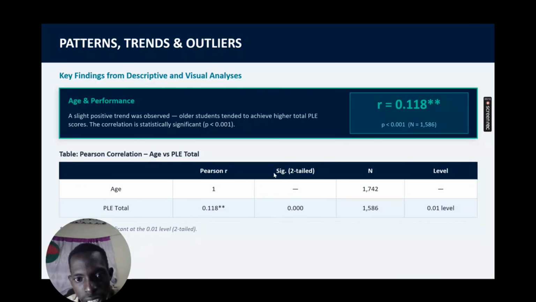Age and age can't give you a significance level, but if we have age and PLE totals, here we see our correlation coefficient, which is 0.118, and this data is significant since our significance value is less than 0.001. Then we see the N, which is the sample size. So meaning this data is significant.